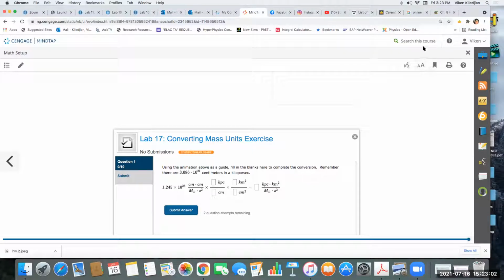So remember, the conversion is what? You've got 100 centimeters is 1 meter, and then 1,000 meters is equal to 1 kilometer. So then you multiply 1,000 by 100.